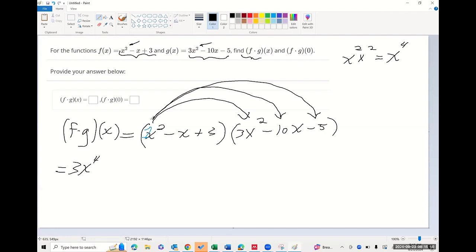Then we have 1x squared times negative 10x, so that's negative 10, and x to the second power times x to the first, you add the 2 and the 1, so that's a 3. And then 1x squared times minus 5 is minus 5x squared.